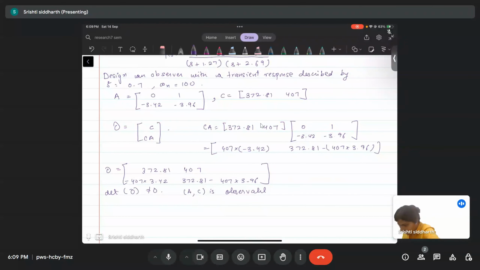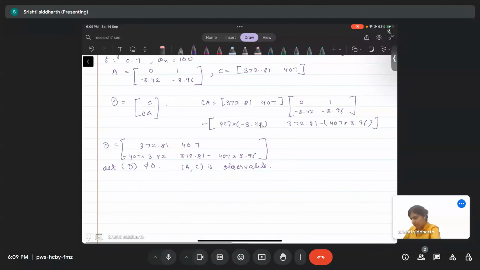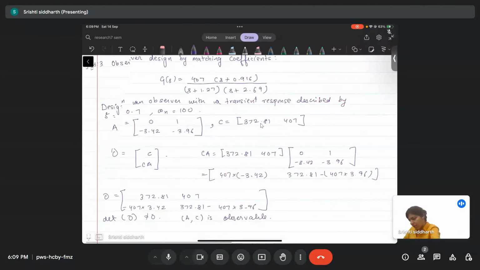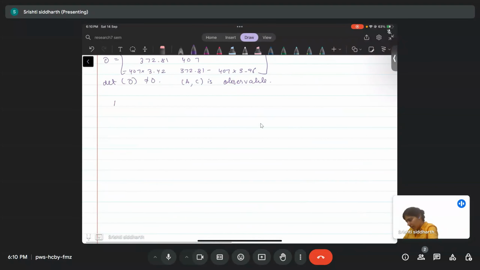Now we can go ahead with the observer design. We want to design the gain such that we have the desired eigenvalues of the matrix A minus MC. In literature, you will also find the gain matrix denoted by L. So A minus LC. What's the dimension of the gain? It was n by 1, right?